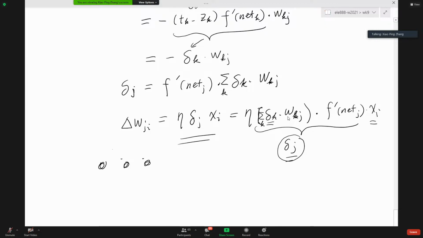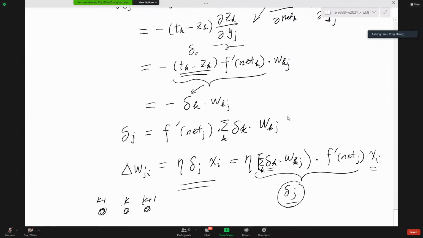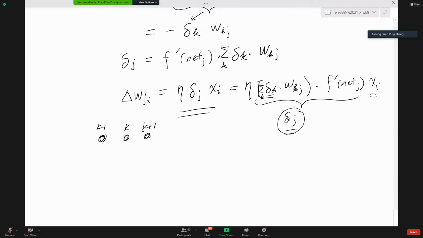This is K, this is K minus 1, K plus 1. So each node you have an arrow, right? If you have multiple arrows, how do you propagate? This is the arrow, this is the last one.